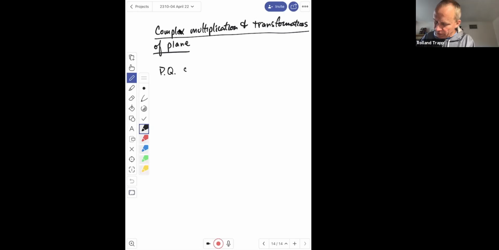example. Pop quiz. Sketch the complex number i. So this is just a complex number, so it's in C, and I want to sketch it.